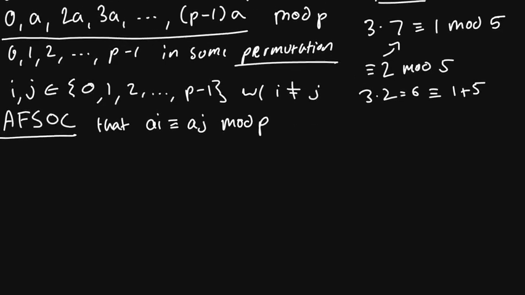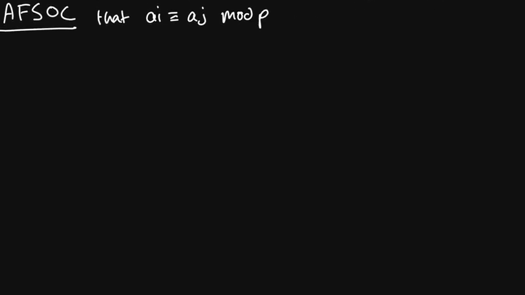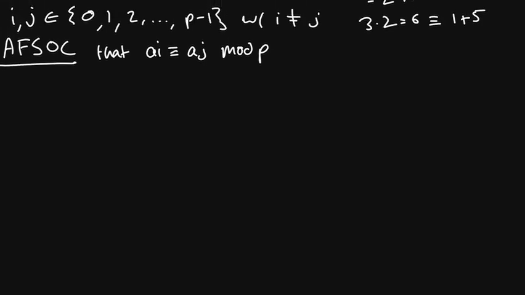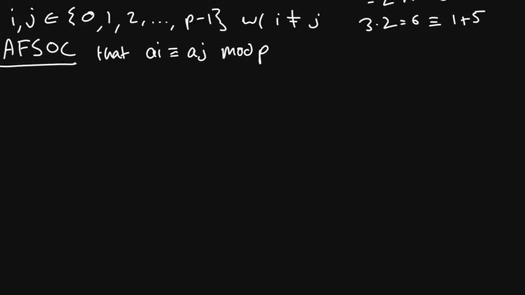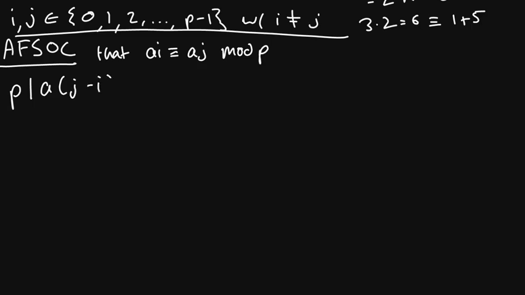And so assume for sake of contradiction that ai is congruent to aj mod p, assuming this condition right here. Then we will have that p must divide a times (j minus i). We'll assume that j is greater than i.